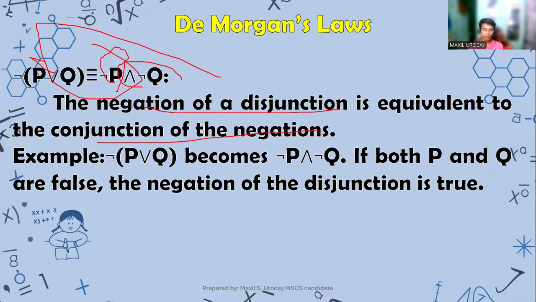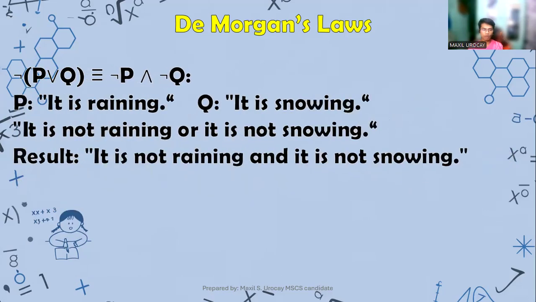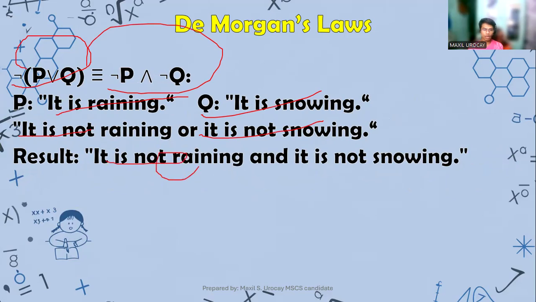For example, the negation of P or Q becomes not P and not Q. If both P and Q are false, the negation of the disjunction is true. Meaning, if we have it is raining or it is snowing, the result for the negation is it is not raining and it is not snowing. They are still actually the same.